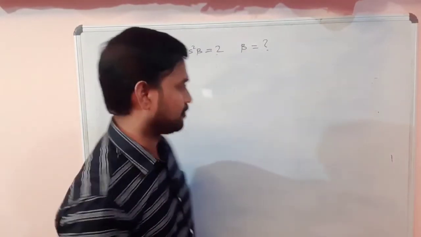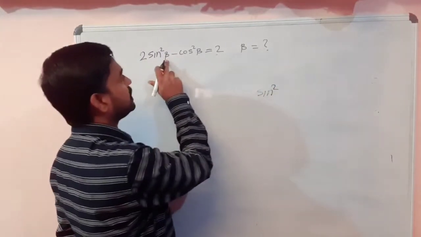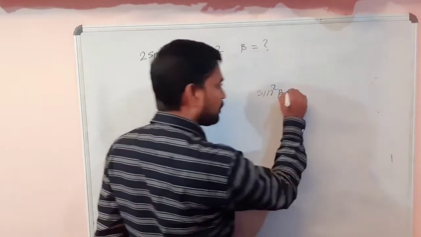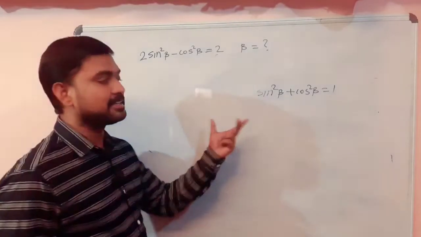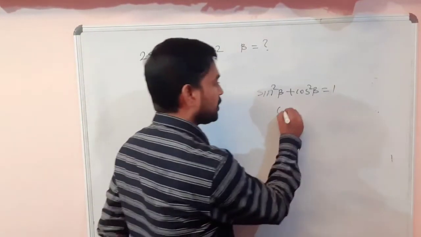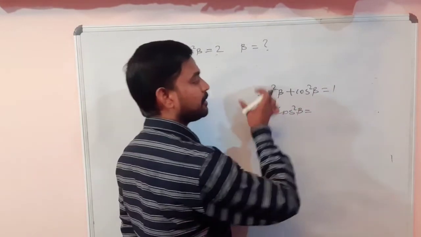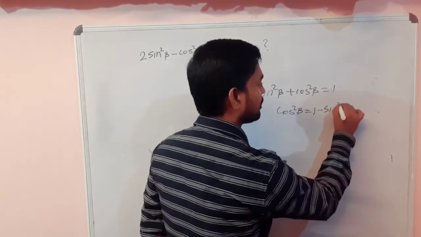What is the relation? It is that sin square theta, here instead of theta the angle is given as beta. So I am using sin square beta plus cos square beta is equal to 1. We studied this identity. We can rewrite it as cos square beta is equal to, with sin square beta transposed to the right side, 1 minus sin square beta.